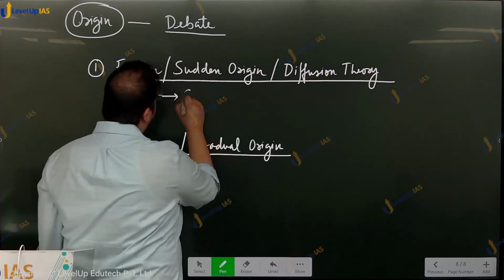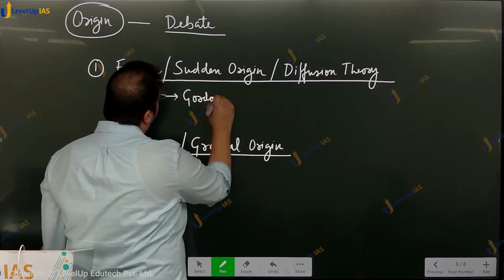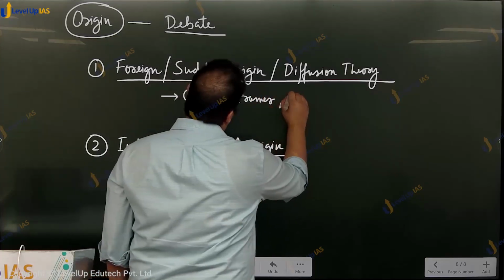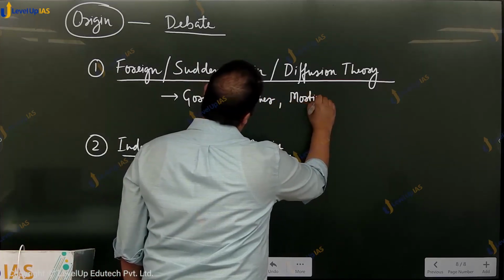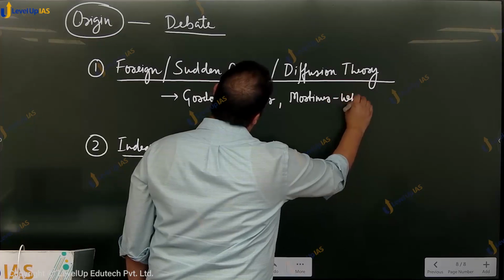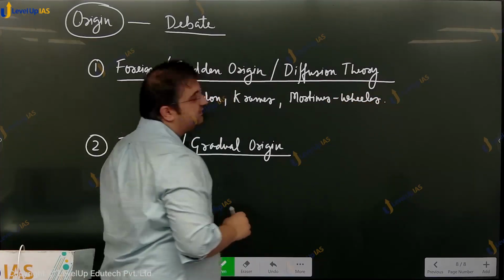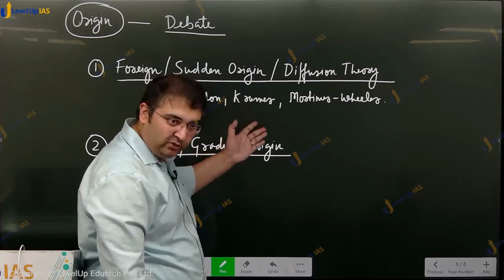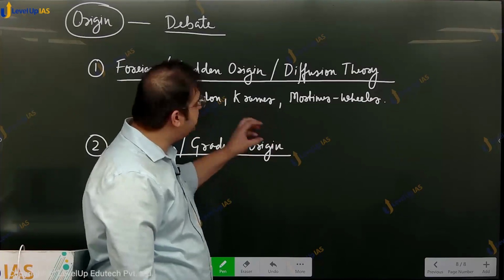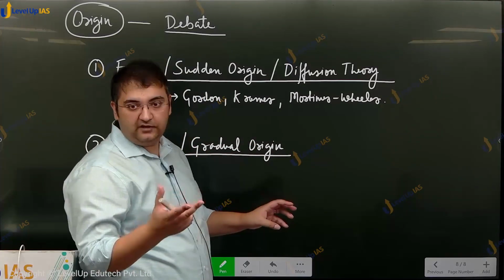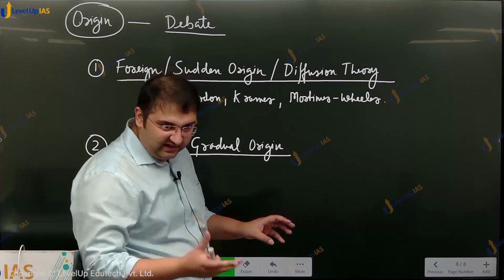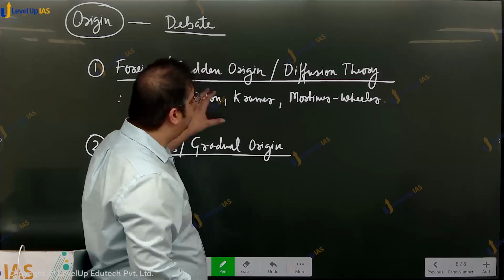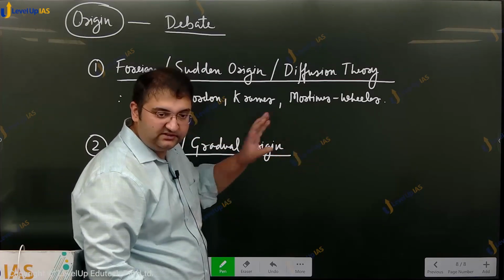scholars such as Gordon or Kramer or E. Mortimer Wheeler suggested that it was either foreign settlers who came to the region of Punjab and established the civilization in a very short period of time, in a matter of a couple of centuries, 3 centuries, or it was ideas from Mesopotamia which were responsible for the establishment of the Harappan civilization.